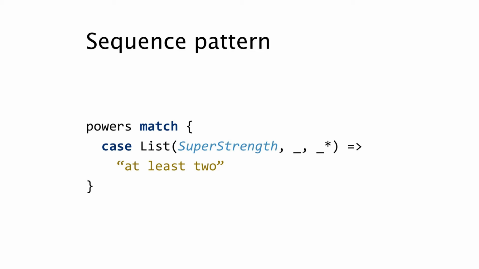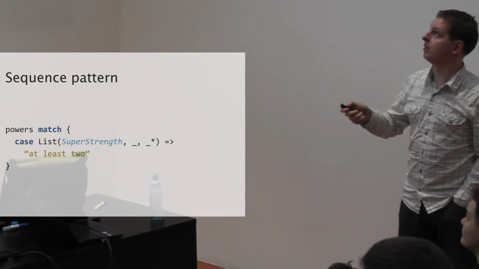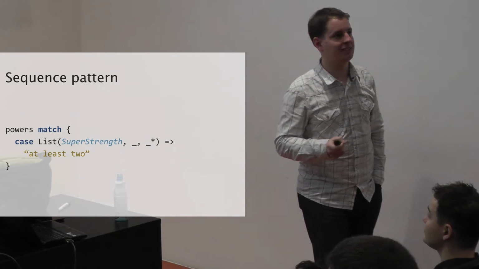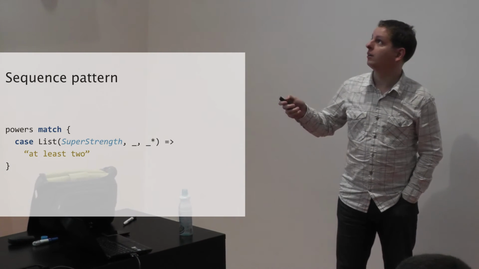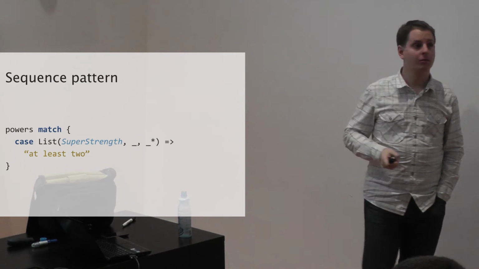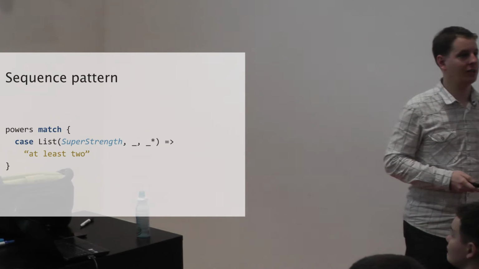This will match if powers is a list whose first element is super strength. There is some second element, but we don't care about it, but there is some second element. And there are zero or more other elements, we don't care again. So this will match a list of at least two elements, with the first element being a value of super strength.